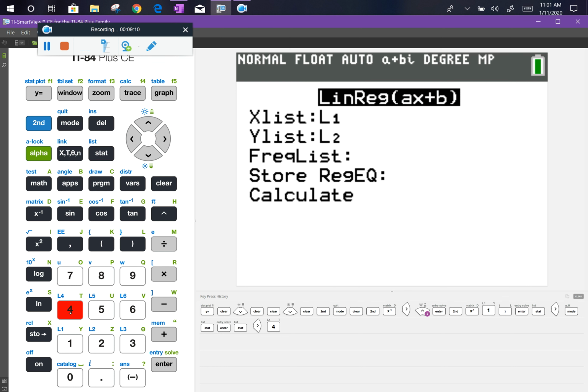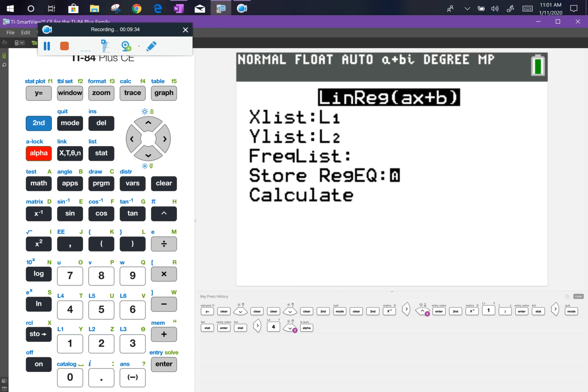I always want to verify that my X list is coming from list 1 and my Y list is coming from list 2, because that's where we put our data. We don't care about the frequency list for this type of work, but we do need to store our regression equation. If you've looked ahead in the note sheet, you can see you're going to be asked to calculate a linear regression, a quadratic regression, and a cubic regression. We want to keep all those regressions at the same time.